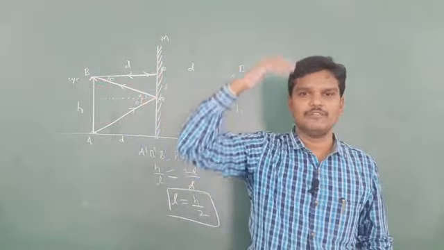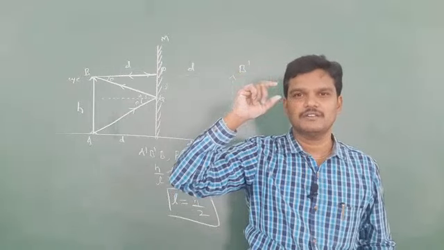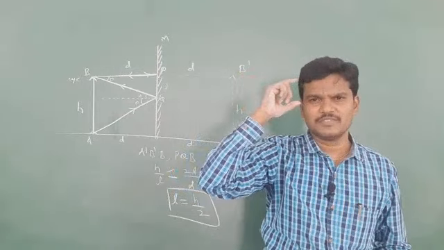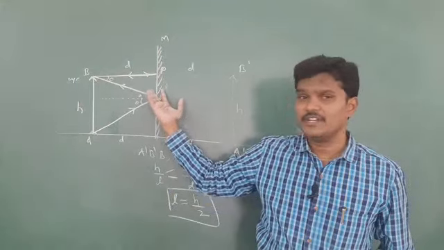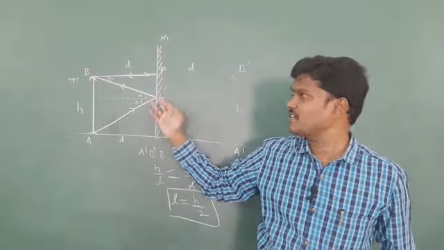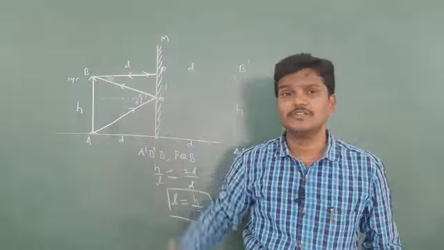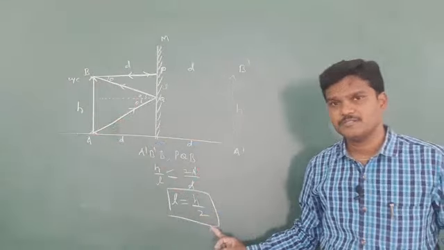If there is a gap between forehead and eye, something like 10 centimeters, or 5 centimeters, then in that case also we need some minimum length of the mirror. So the length of the mirror does not change. The length of the mirror is equivalent to half of the person's height. L is equal to h by 2.